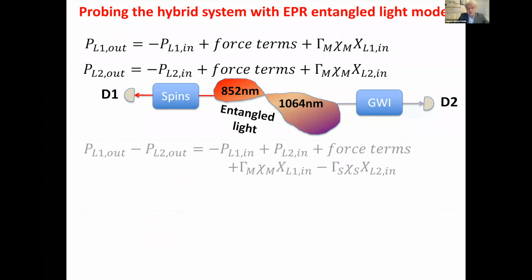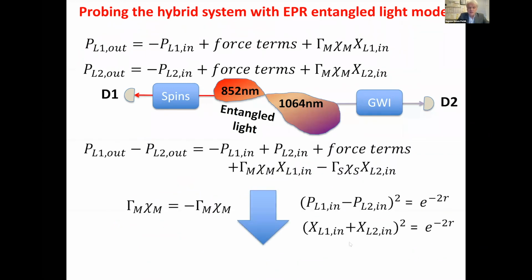So this is just to show you that indeed, if I have a measurement on my atoms and a measurement on my interferometer, there will be the parts which are due to the back action of light, and they will contain the x quadratures of the two entangled beams. And there will be the parts corresponding to the shot noise, which will contain the p quadratures of the beam.